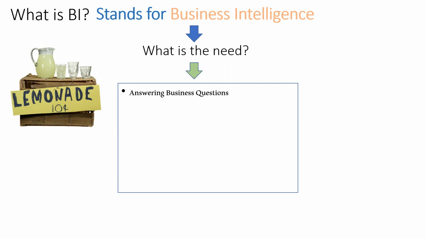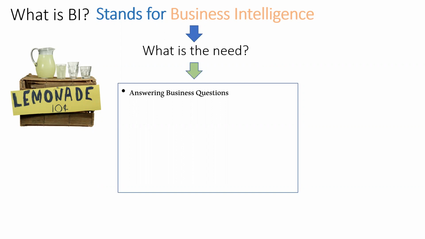After that, you would have a set of business questions that you want to answer, because you're putting effort to work for 5 to 6 hours and then buy what all is needed for running that lemonade store. And then after that, you're trying to manage your store.